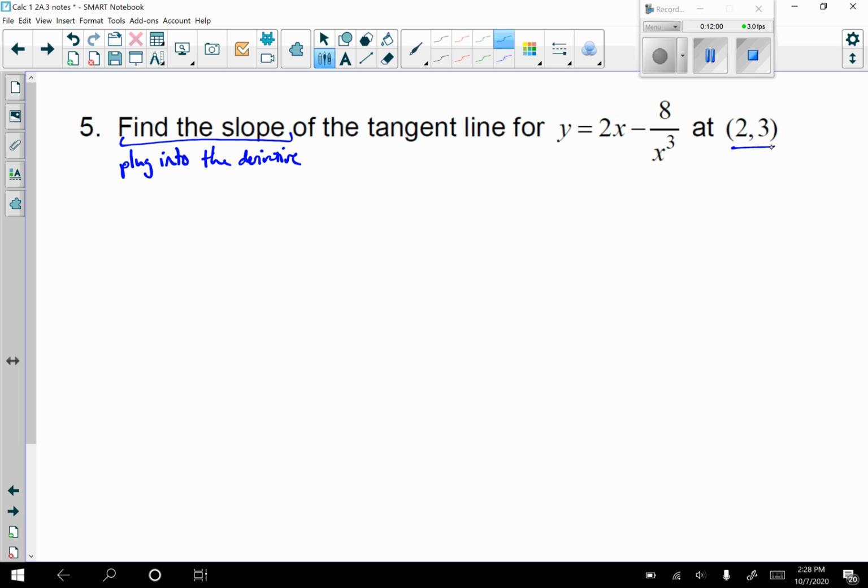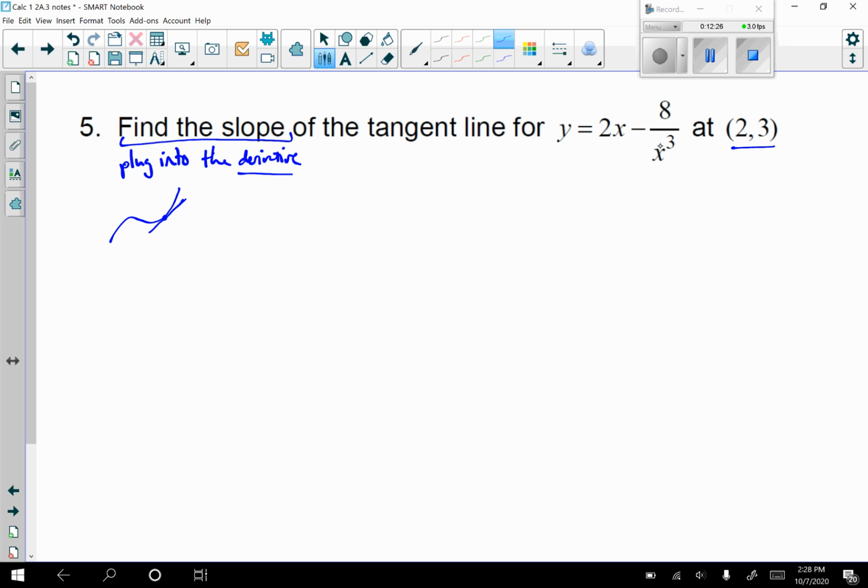So we're going to plug that in for x and y in our derivative. The idea is we've got this curve. If I want to find the slope right there, it's the slope of the tangent line, which touches it once. That's the direction it's going to go. So the slope of this tangent line defines the slope of the curve. So that means plug into the derivative.